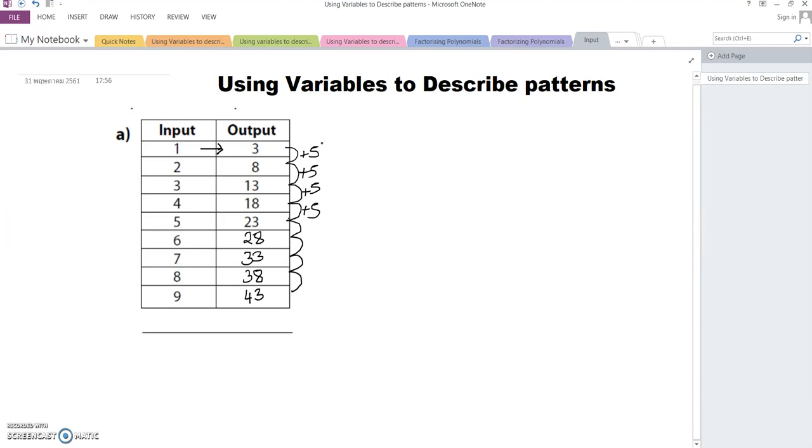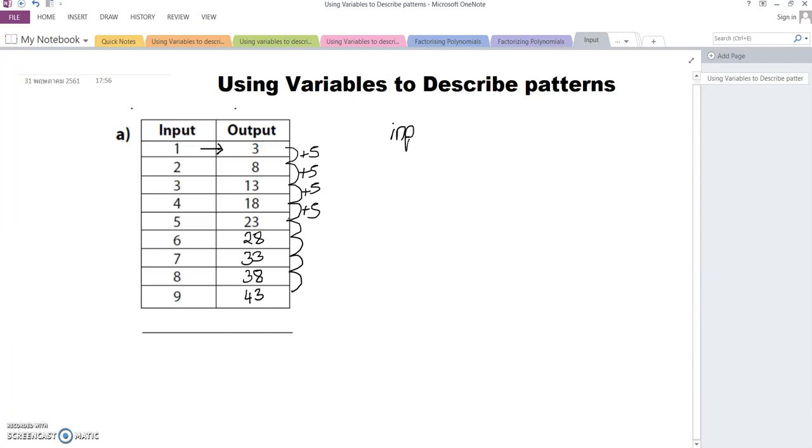Step number 1, we will see what is happening to the output. Step number 2, since it is adding 5, that means that 5 is getting multiplied with the input.